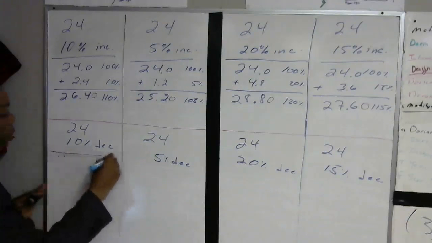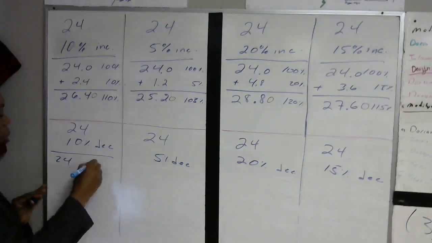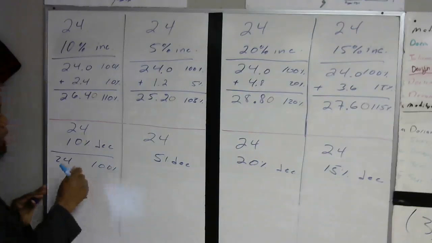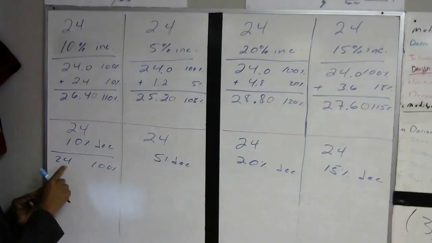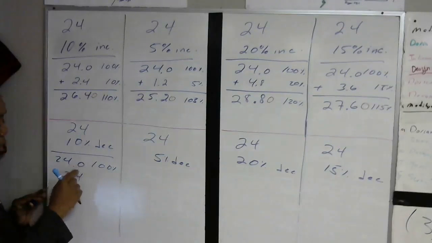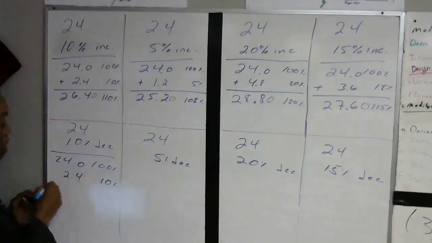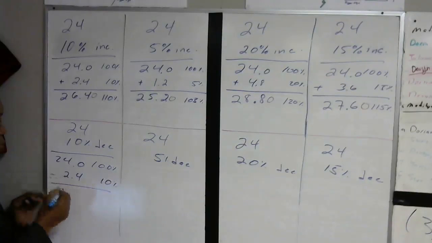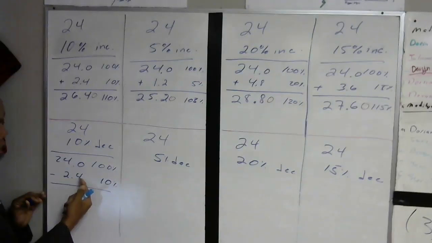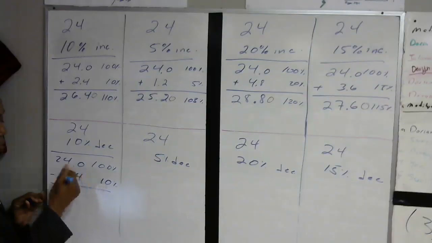Okay, so what we have here is 24 representing 100%. For 10%, we move the decimal over, and this becomes 2.4. And so I add a 0 here to match the 4 here. And this represents 10%. Well, since this is a decrease, we're going to have to subtract. We cannot take 4 from 0, so we have to borrow.